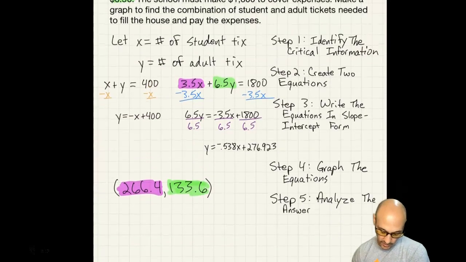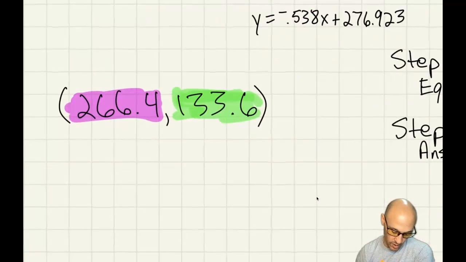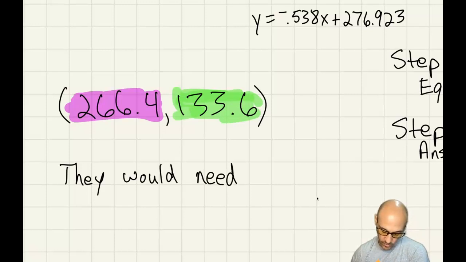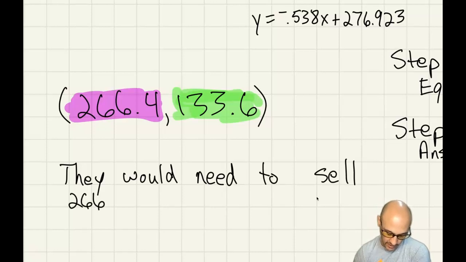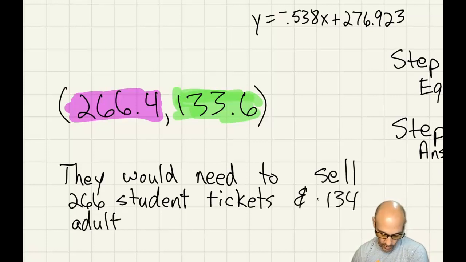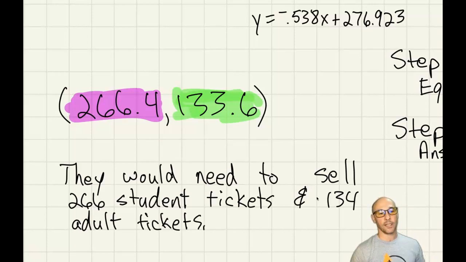So in this solution, they would need to sell 266 student tickets and 134 adult tickets.